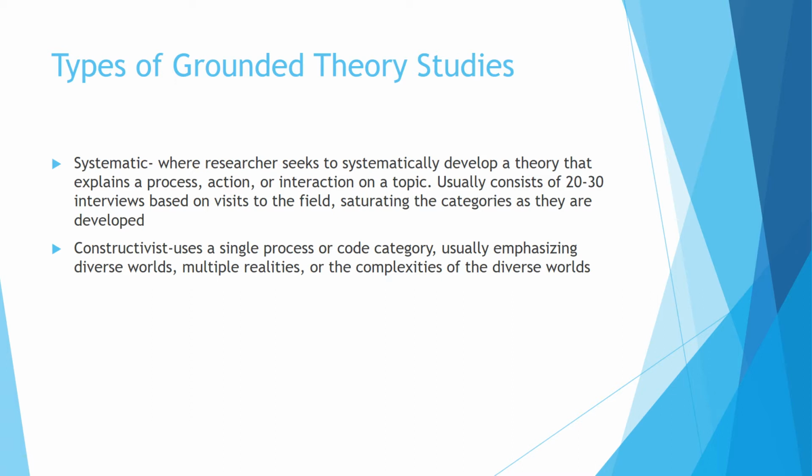It usually consists of 20 to 30 interviews based on visits to the field, saturating the different categories as you develop them. In a constructionist type of research, you use a single process or code category, usually emphasizing diverse worlds, multiple realities, or the complexity of those diverse worlds.